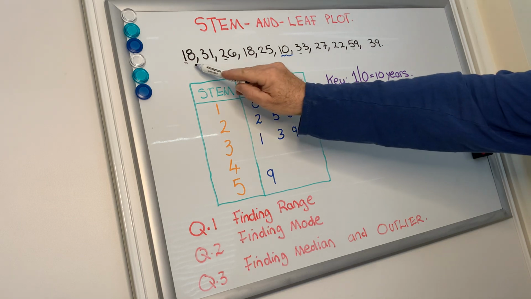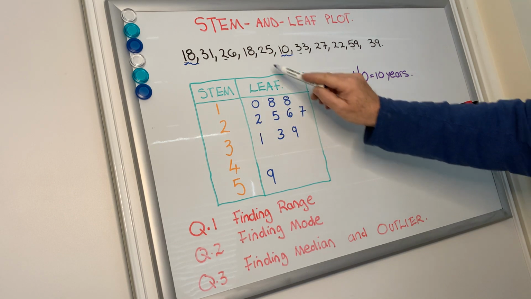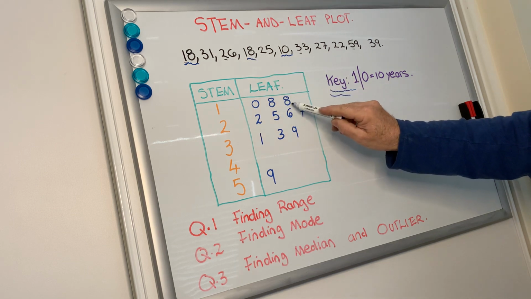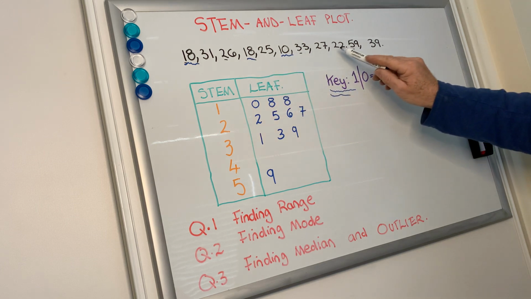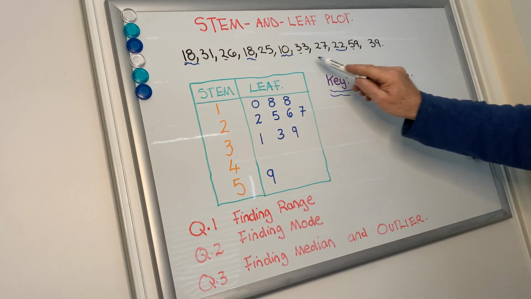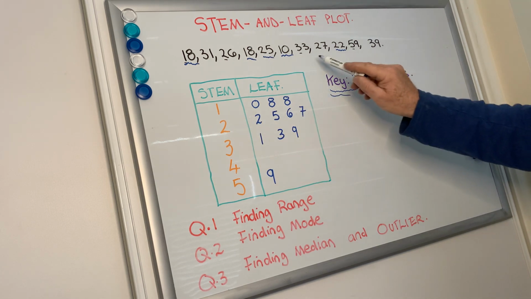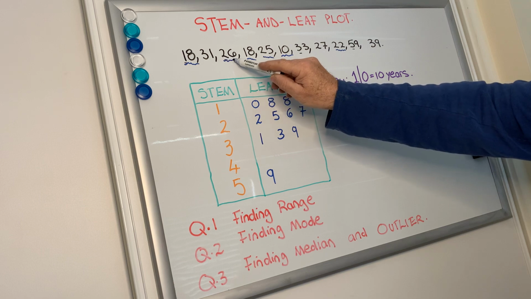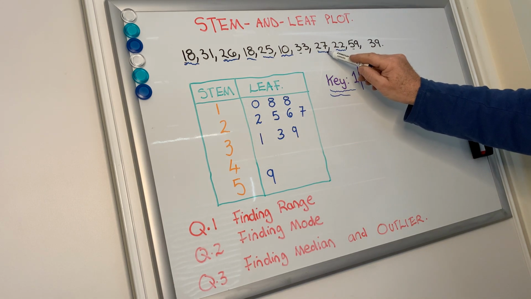We've got an 18, there's my 18, and another 18, there's the other 18. Here we've got 22, there's 22. Here we've got 25, there's 25. Here we've got 26, there is 26, and here we have 27, and there is 27.